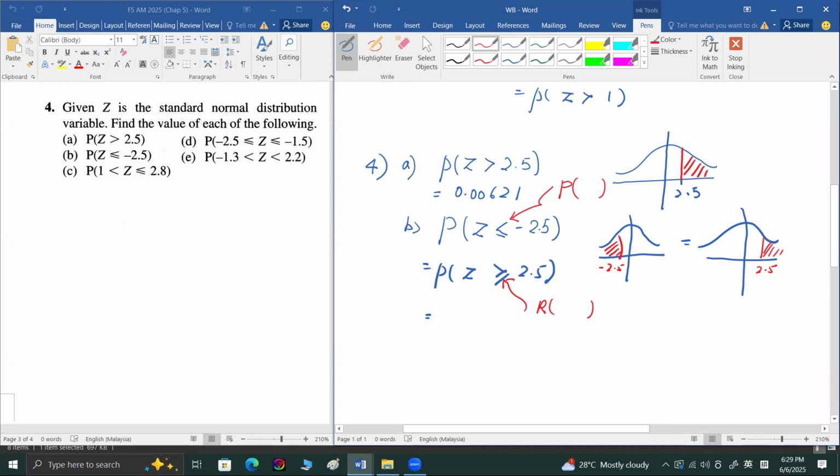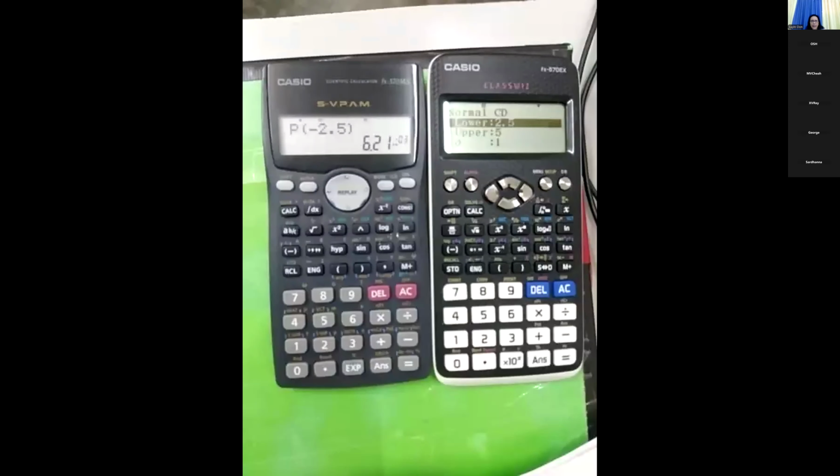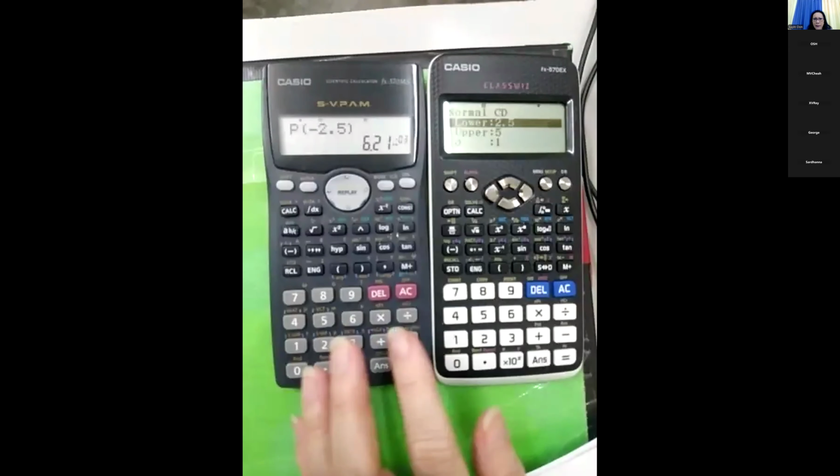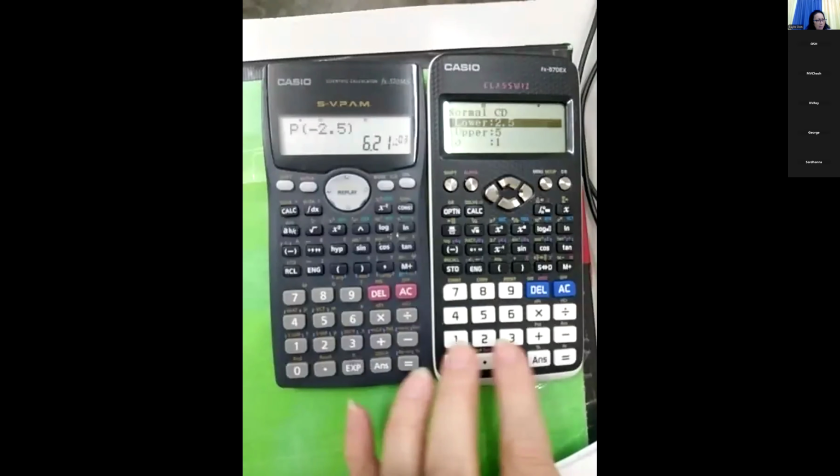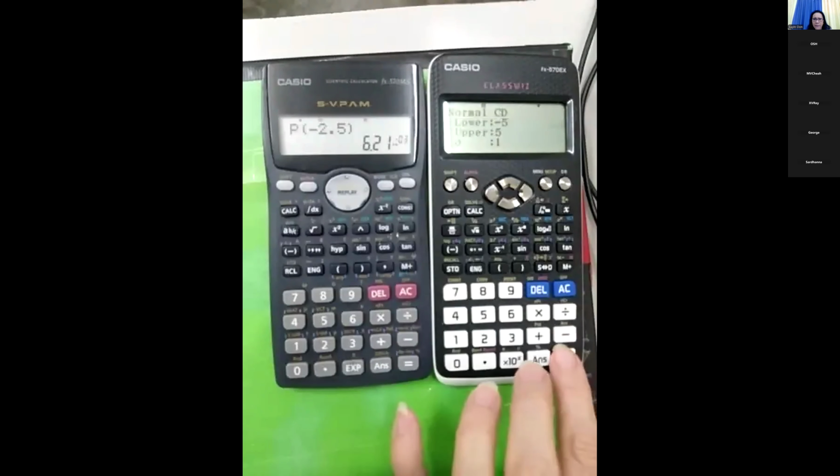EX, okay, see here? The lower limit is somewhere here, so I make it -5. The left side one is the lower limit, the right side one is the upper limit. -5, -2.5. So I show you again, class, for EX. Lower, I make it -5.